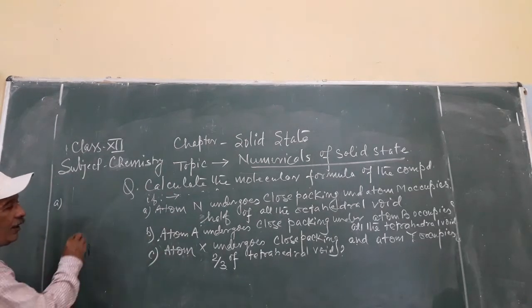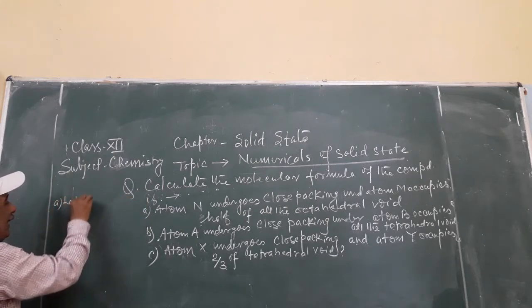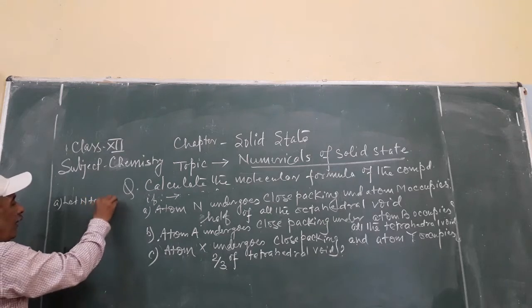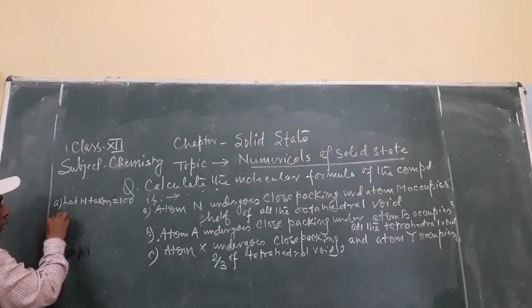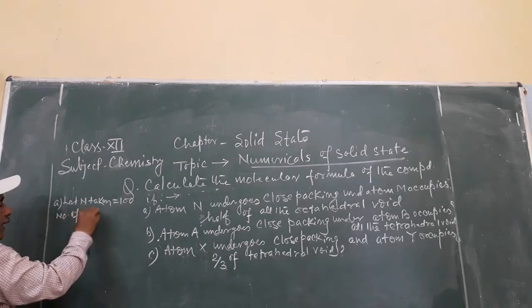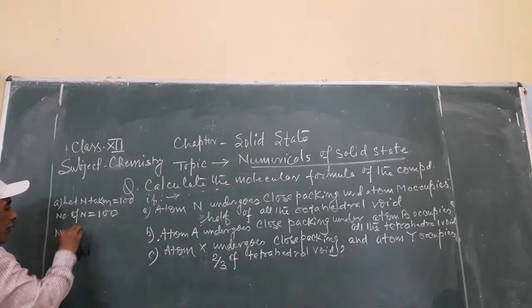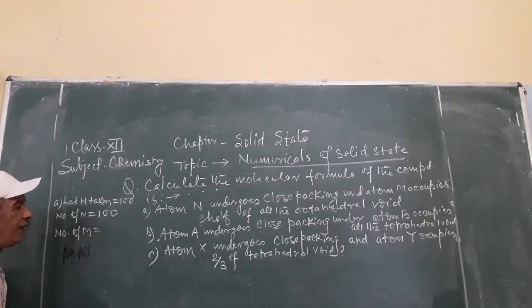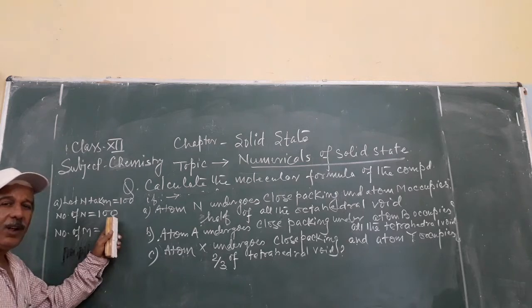So let us see. Let N taken is 100. So number of N equals 100. If 100 N is taken, the octahedral void will be 100 and the tetrahedral void will be 200.